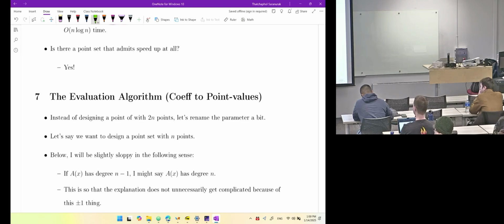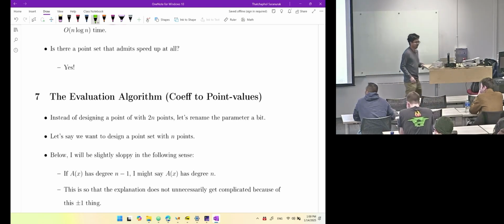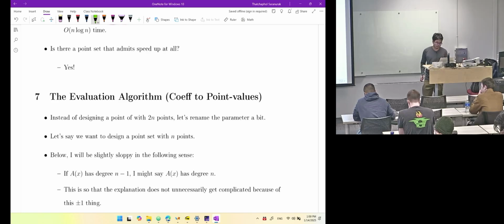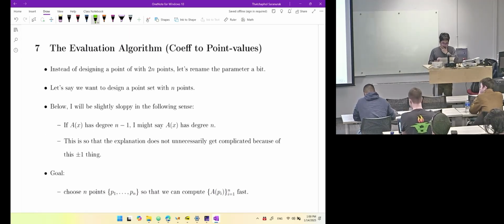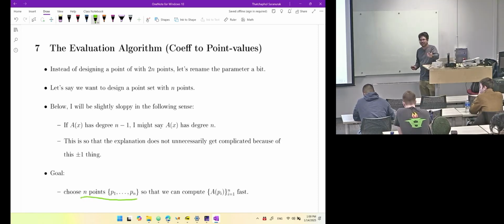Sometimes I'm gonna be a bit sloppy: polynomial A has degree n-1, sometimes I just say n, so plus or minus 1. Anyway, our goal is this. We want to carefully choose a point set P1 up to Pn so that you can evaluate this polynomial at these points fast.